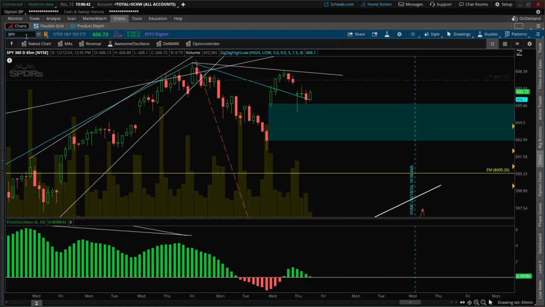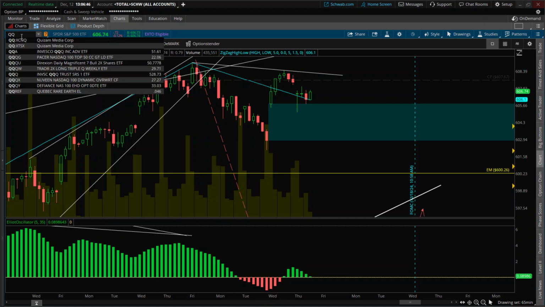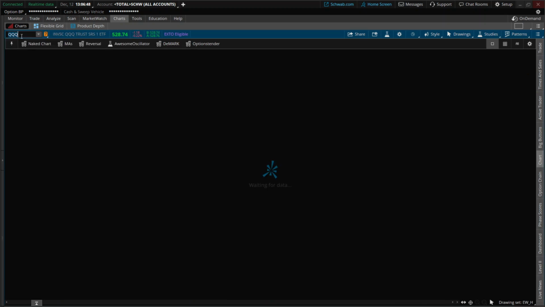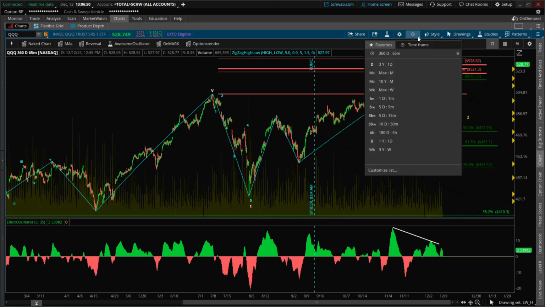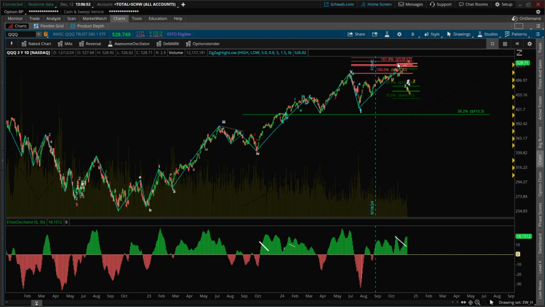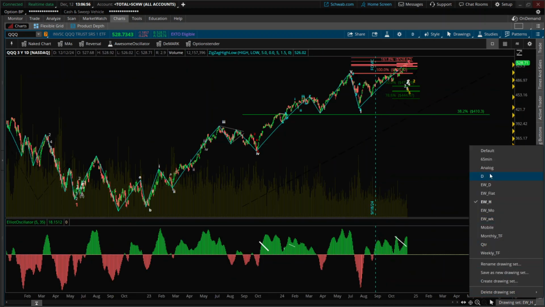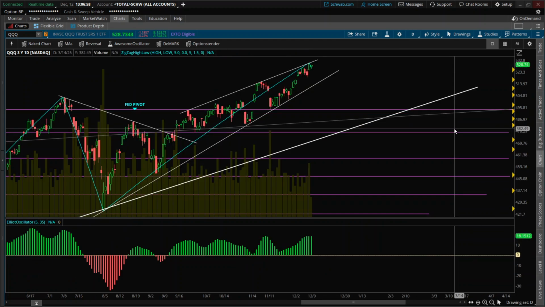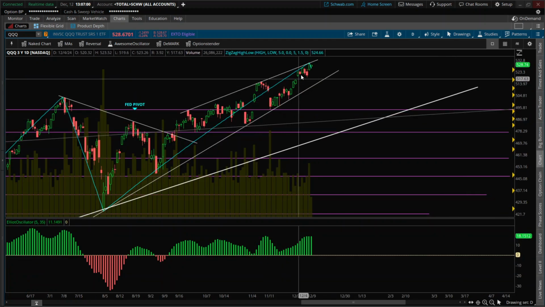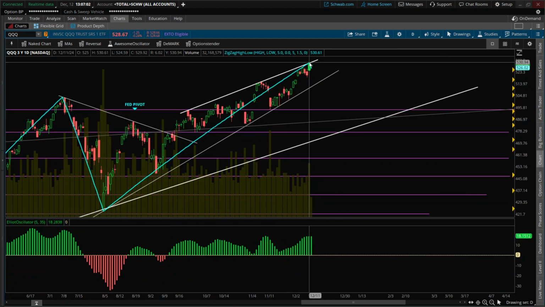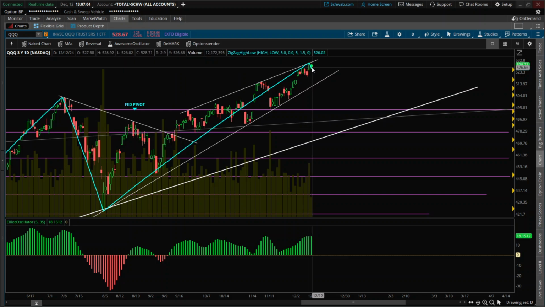And let's just take a look at QQQ. It has a setup in itself on the daily time frame. So we'll just peek at that and then look at the VIX. So the Qs had this nice bearish rising wedge, and we're rejecting off of the top of that wedge, and we're getting an inside candle.